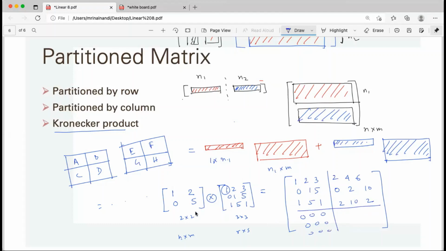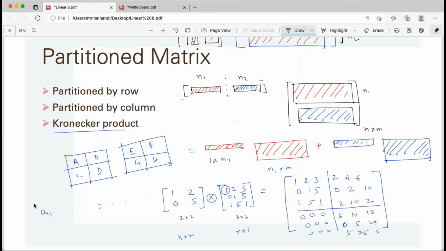And then 5 with this: 5 10 15, 0 5 25, 5 25 5. Just slightly check whether I am right or wrong. So just like that.